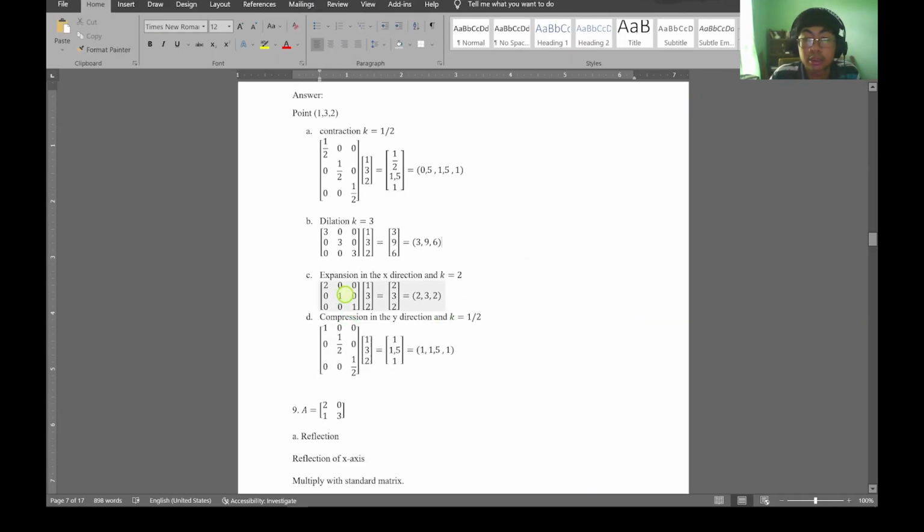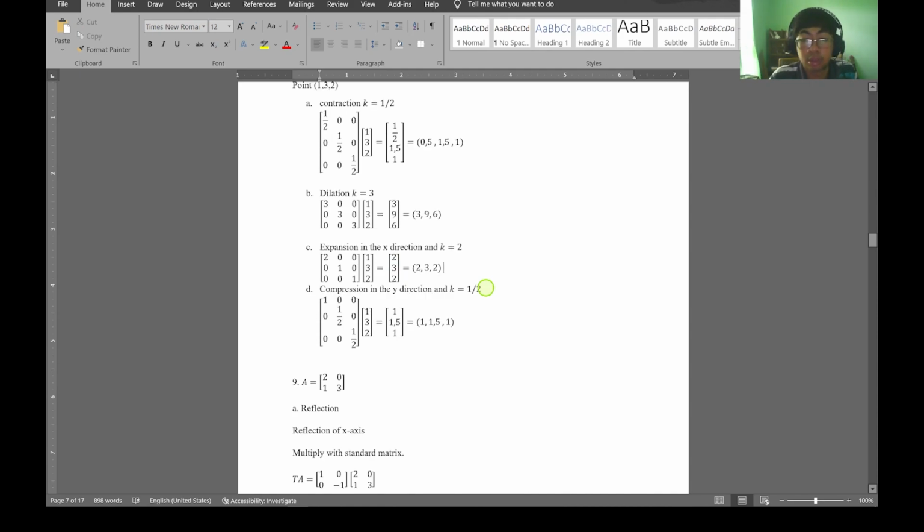So k is equal to 2, and we get 2 0 0, 0 1 0, 0 0 1, and then we multiply it. 2 0 0 times 1 is 2, 0 1 0 times 3 is 3, and 0 0 1 times 2 is 2. So the answer is the matrix 2, 3 and 2.